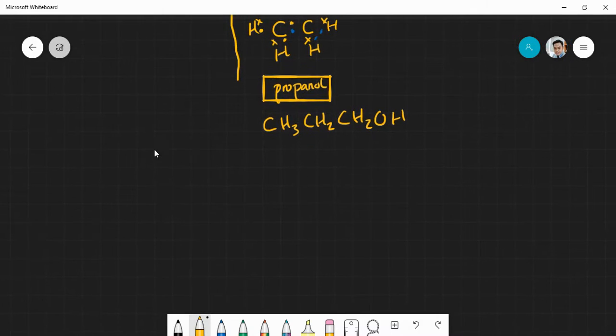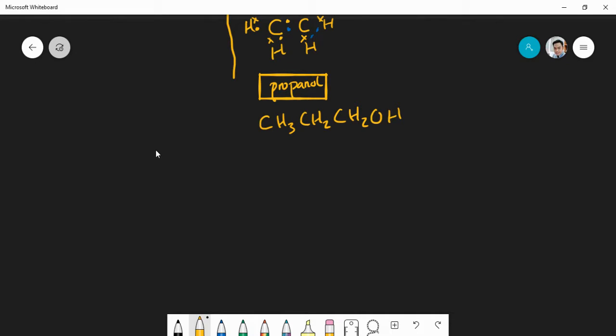So let's draw the Lewis structure of it. As I said before, just follow the formula. This is carbon number one, carbon number two. I think I wrote it inappropriately. Wait. I'm supposed to number the carbons starting from the oxygen side. So it's going to be carbon number one, carbon number two, carbon number three. Carbon number three has three hydrogens surrounding it, and carbon number two has two hydrogens surrounding it.